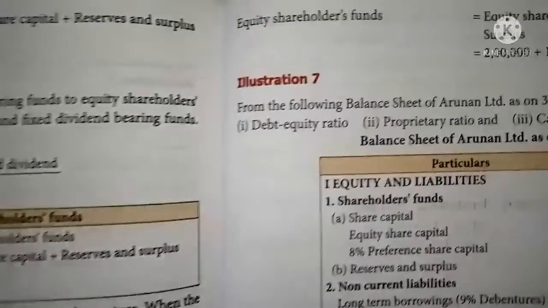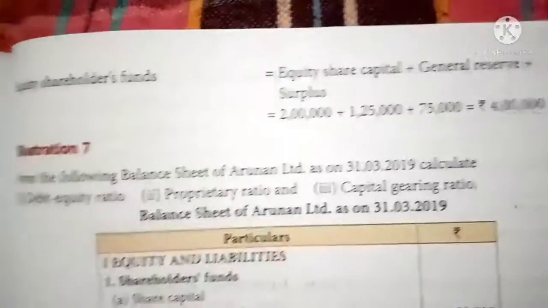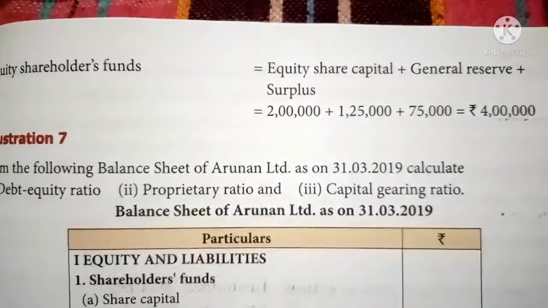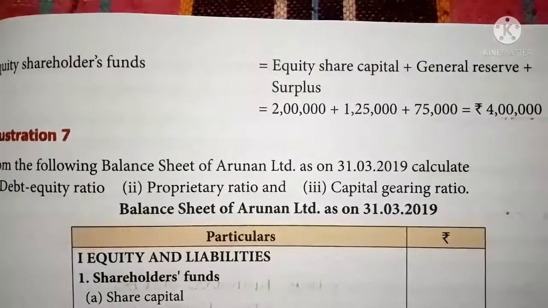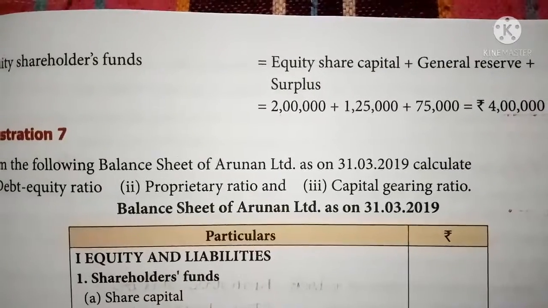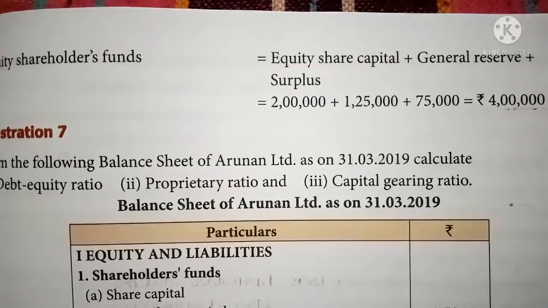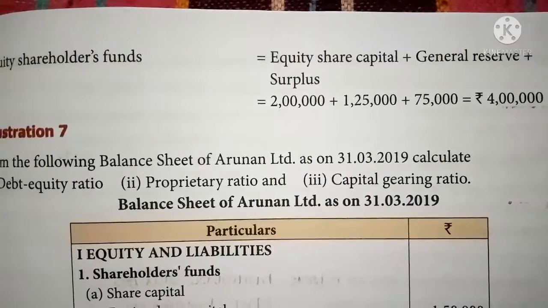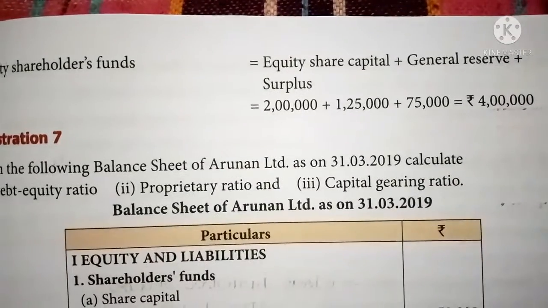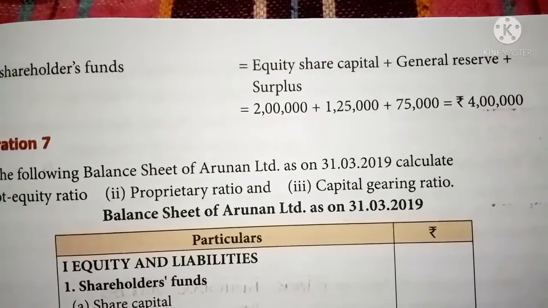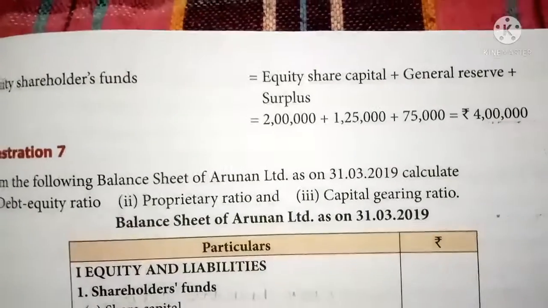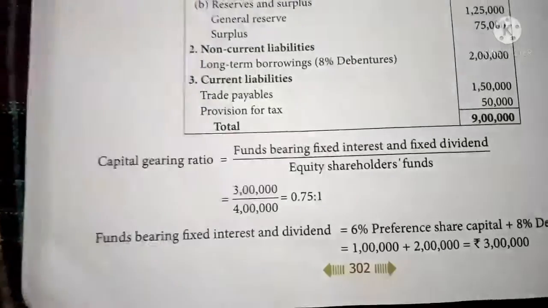For finding the equity shareholders fund, we should take equity share capital plus general reserve plus surplus. Equity share capital is 2 lakh, general reserve is 1 lakh 25,000 and surplus is 75,000. So totally 4 lakh is equity shareholders fund. After finding these two working notes, come to the formula.